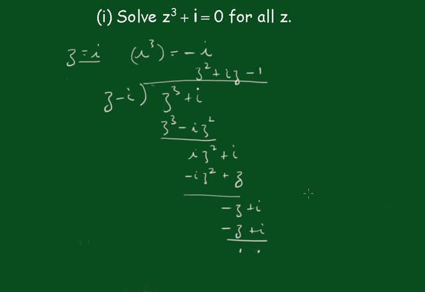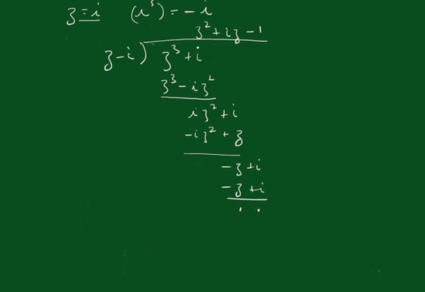So z, solving this one, z is equal to minus i plus or minus the square root of minus 1 plus 4 all over 2, which becomes minus i on 2 plus or minus root 3 on 2.